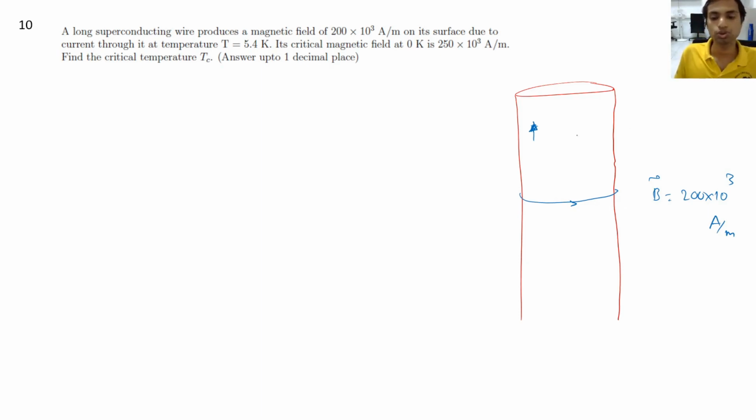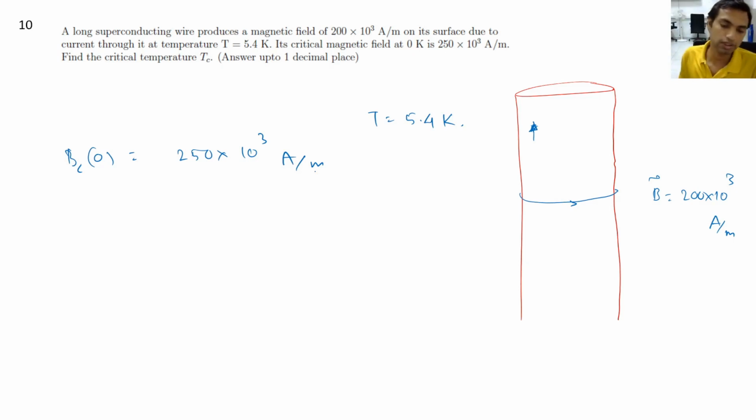This is at temperature T equal to 5.4 Kelvin. Its critical magnetic field, H c0, at temperature T equal to 0 is 250 into 10 to the power 3 ampere per meter. Find the critical temperature Tc.